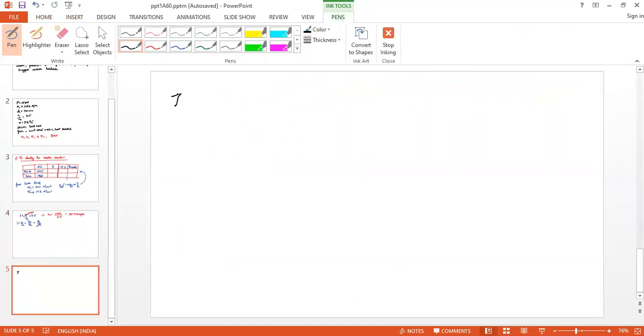So Y1 is 0.124 minus 0.684 by ZV1. It is 0.124 minus 0.684 by 20.8.